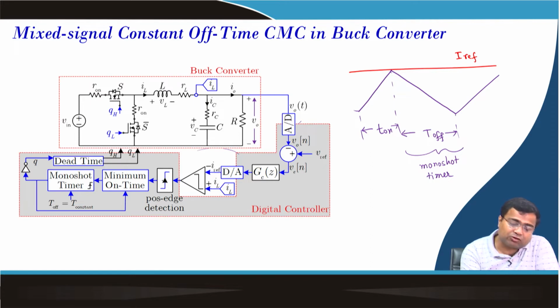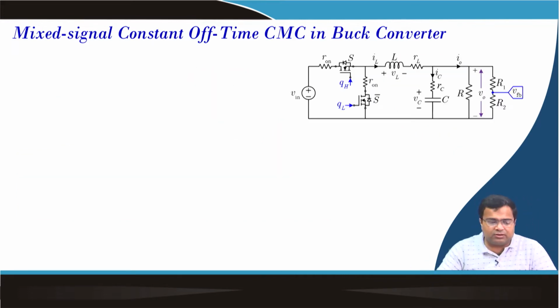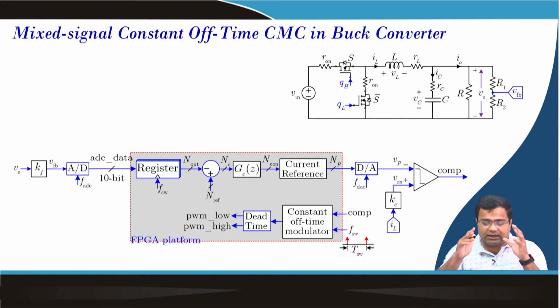But after the comparator output we have this monoshot timer instead of the latch circuit used for fixed frequency, and here we also need to consider the minimum on time.